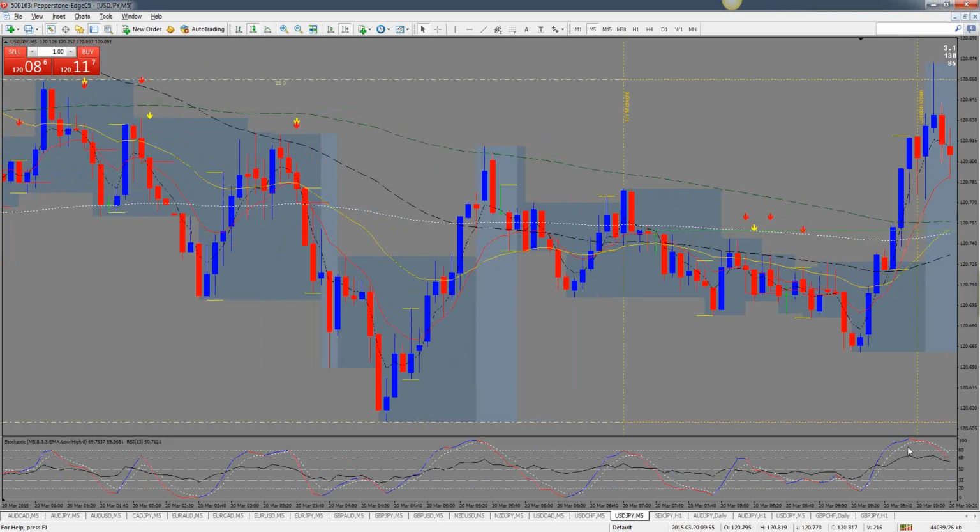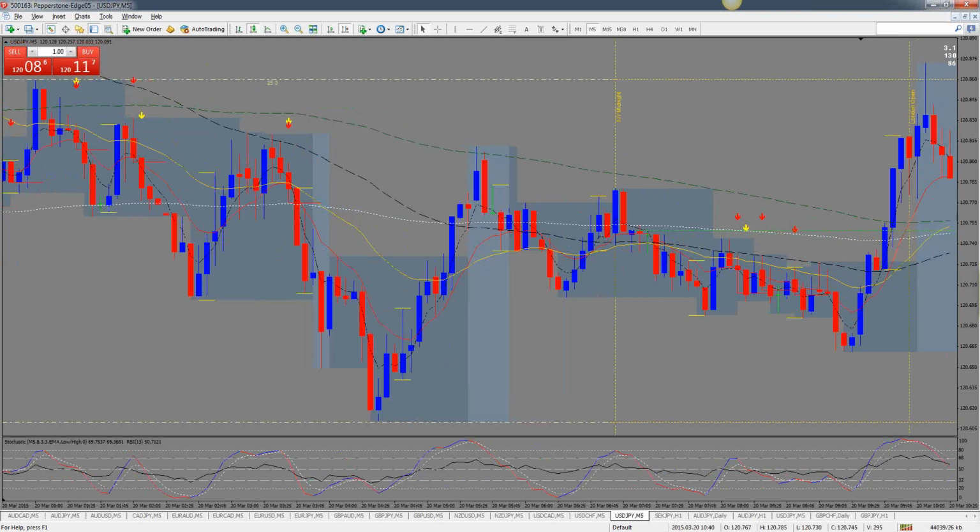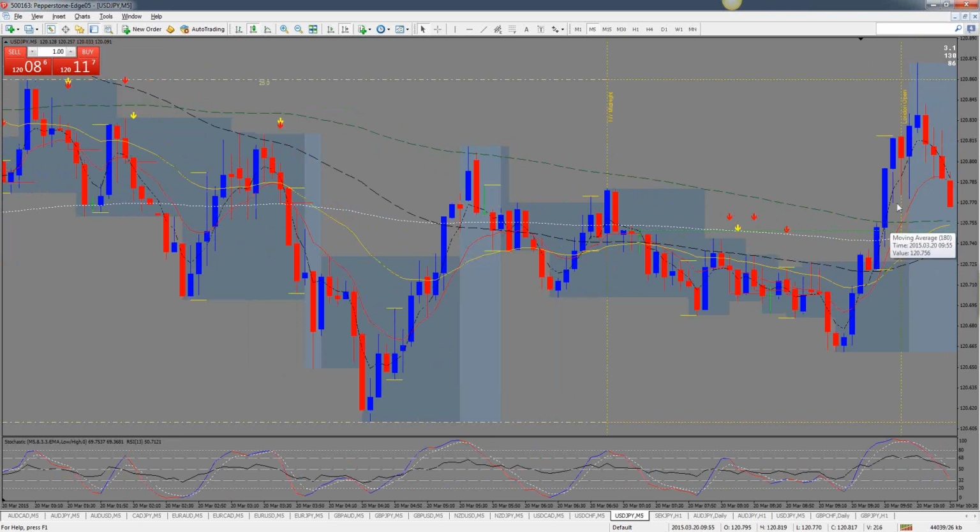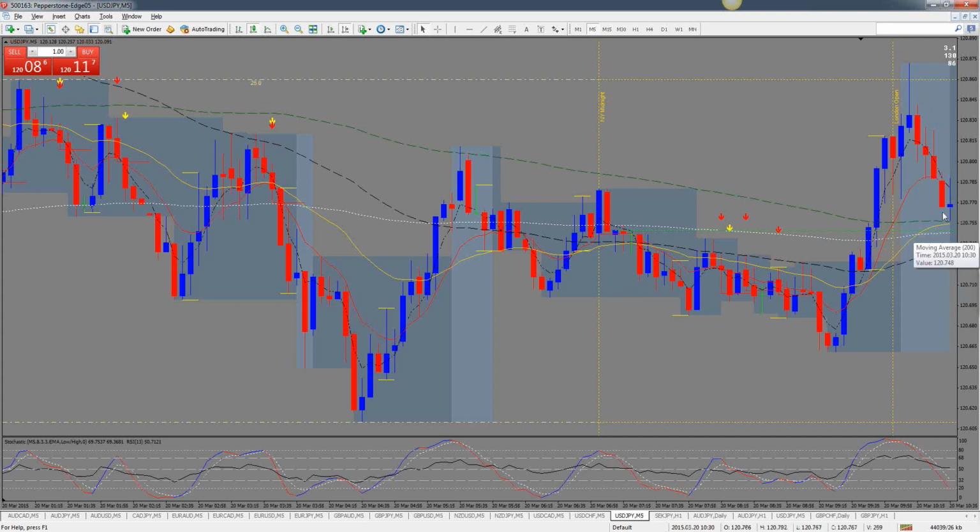All right, so here we are, London open. My moving averages are starting to come into line. My 180 and my 90 are flattening out, but they're coming upwards. Everything's not 100% in right order yet. It should be in right order to take the trade.